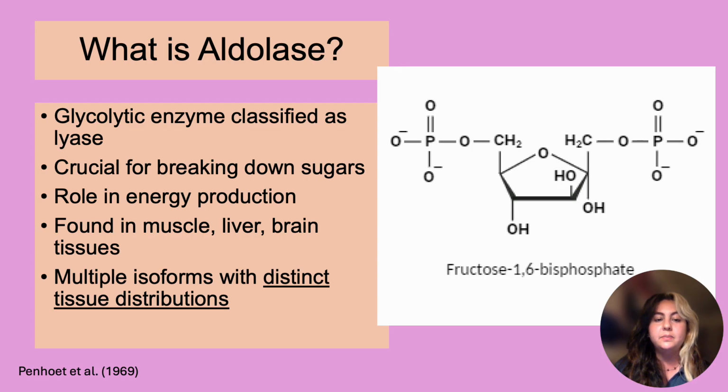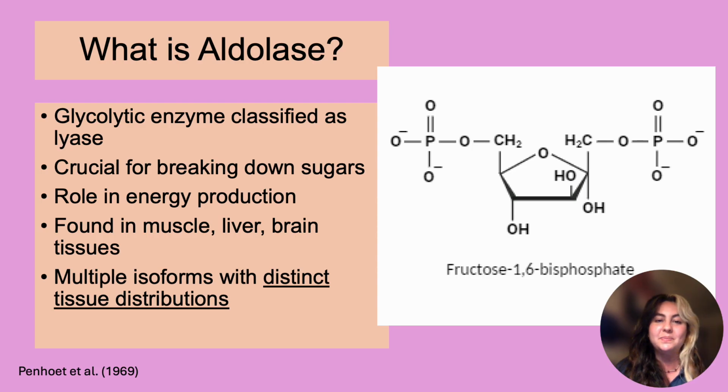And then the aldolase enzyme can be found in multiple different isoforms, and each of those is going to have distinct tissue distributions. Even though all of them are going to catalyze the same biochemical reaction, the way that they are distributed is specific to meeting the specific metabolic demand of that tissue.